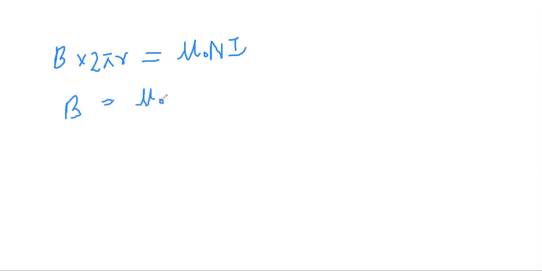You get B into 2 pi r is equal to mu naught n I, and so therefore the magnetic field would be mu naught n I divided by 2 pi r.